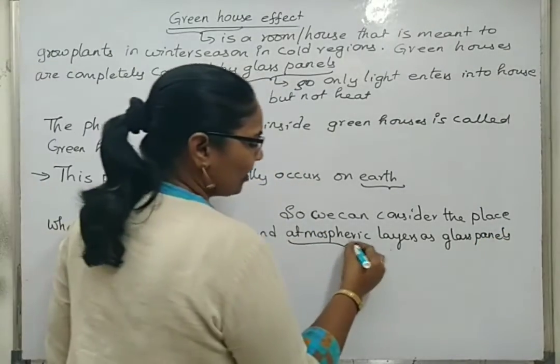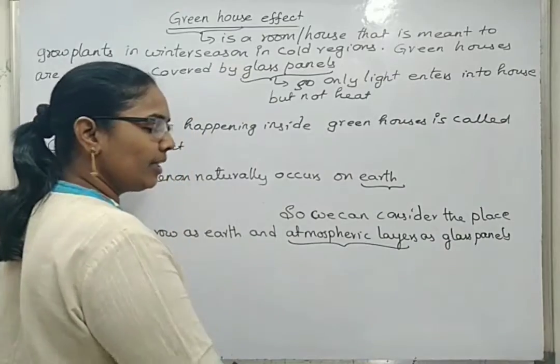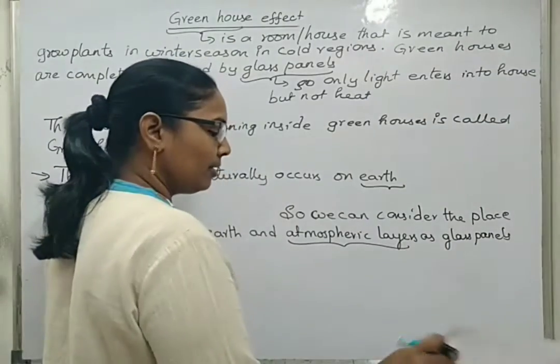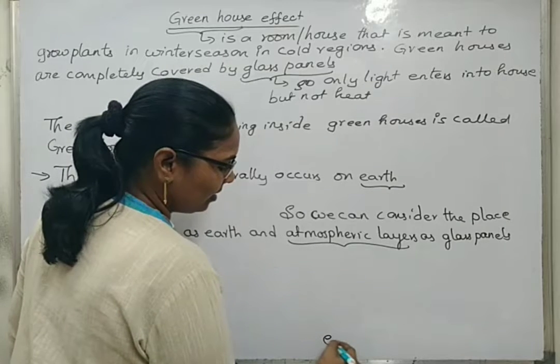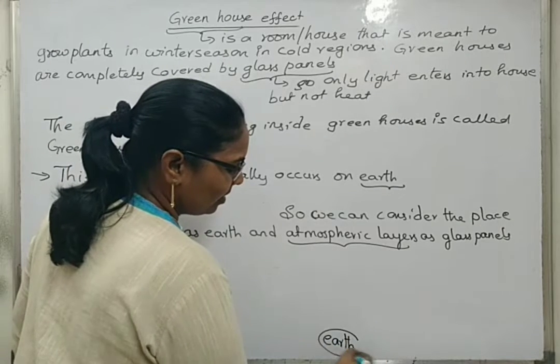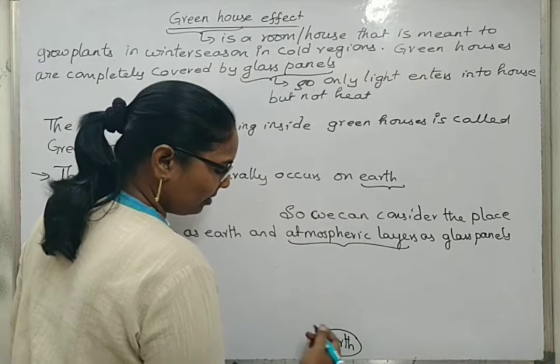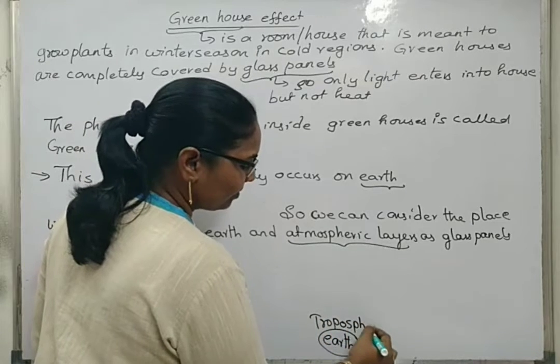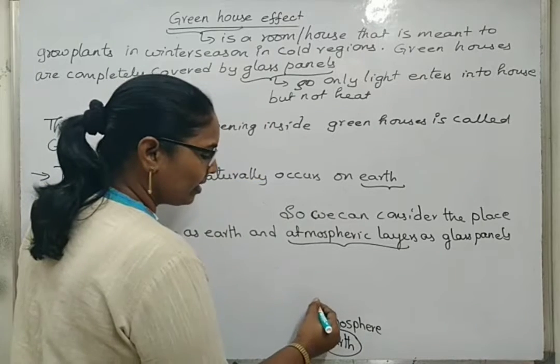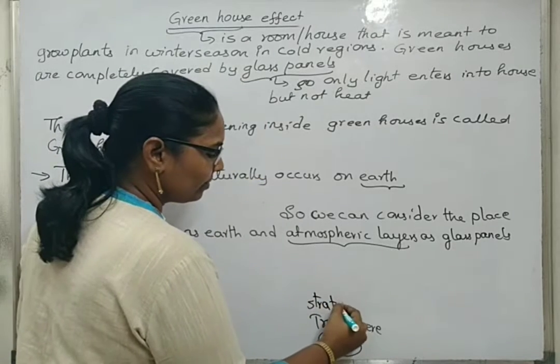Now, what are atmospheric layers? We have a few names. If this is the earth, near to the earth the first layer is the troposphere. Next is the stratosphere.